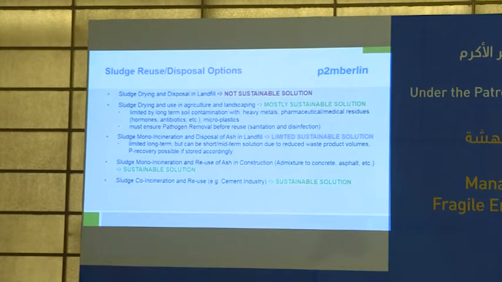sludge disposal in landfill simply is not a sustainable solution because the landfill is going to fill up in the end. We can't use it forever, basically. Sludge drying and then use in agriculture or landscape is mostly a sustainable solution, although you have very much concerns about the quality.